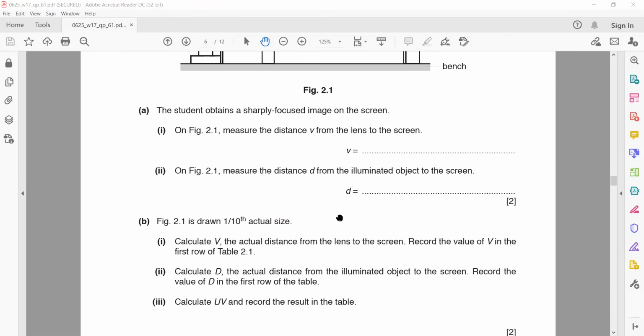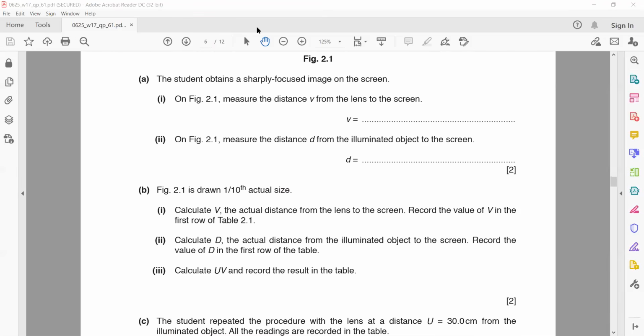That is according to your value, but I'm taking the numbers, like this is 6 for example and this one is 8. Now they mention figure 2.1 is drawn 1/10 of actual size.